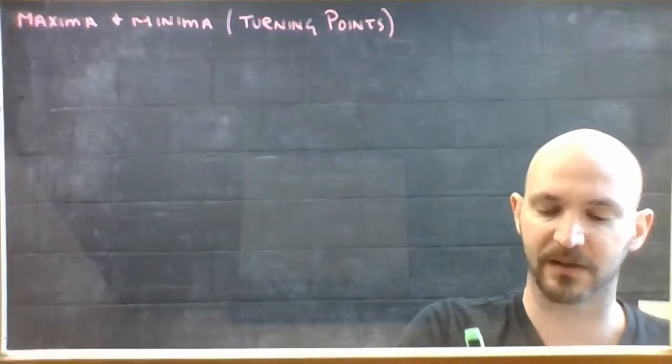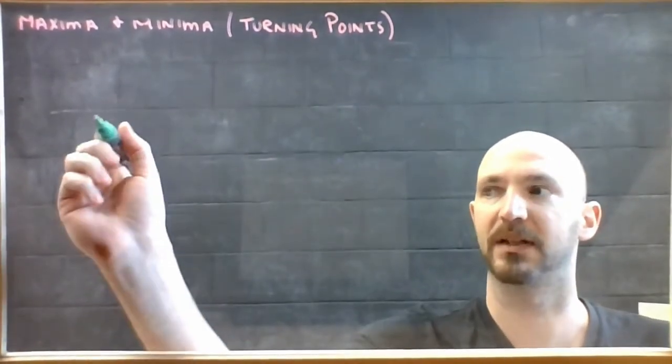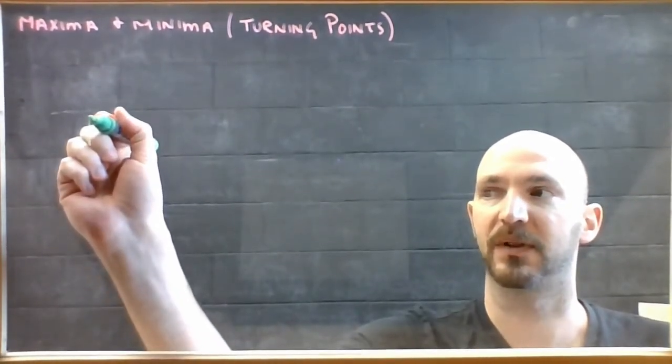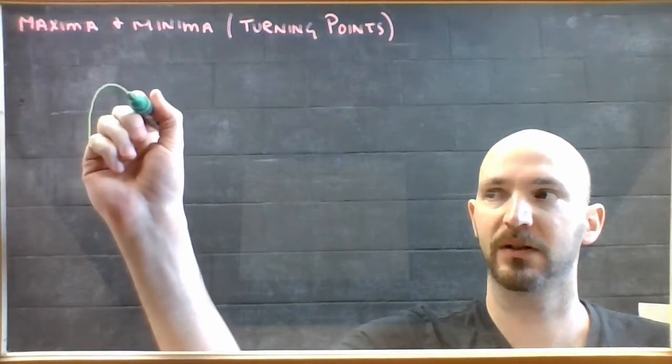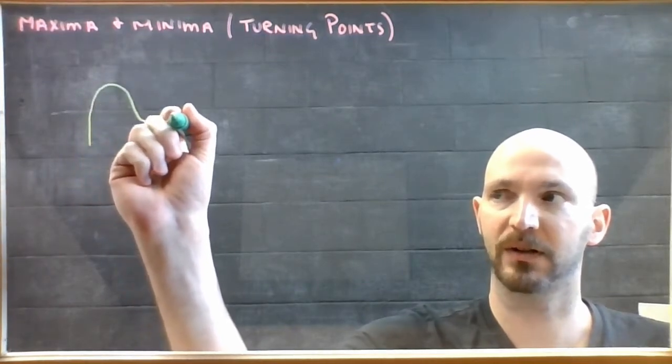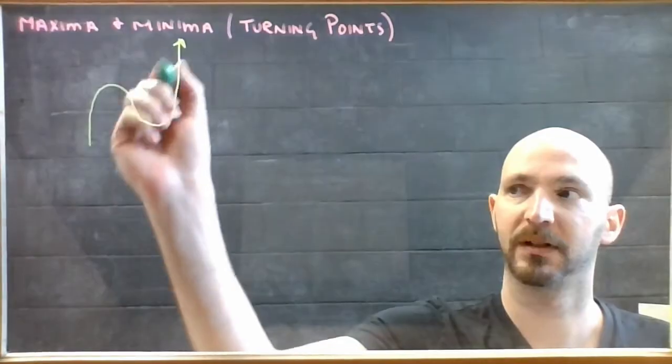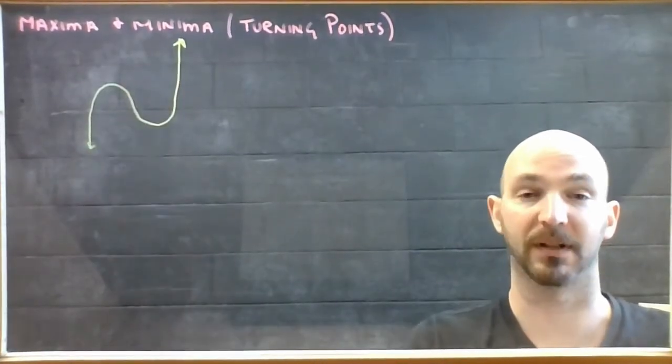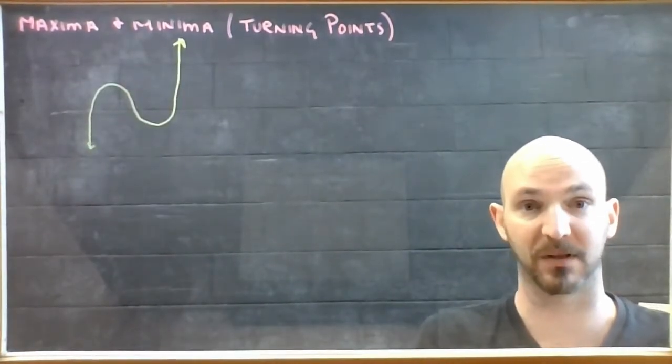So cubics, you should have sketched a few of them in advanced functions. They do this sort of thing, and then they turn, and then they turn, and then they head back up. Well, that is a terrible sketch, but it will demonstrate the point for now.